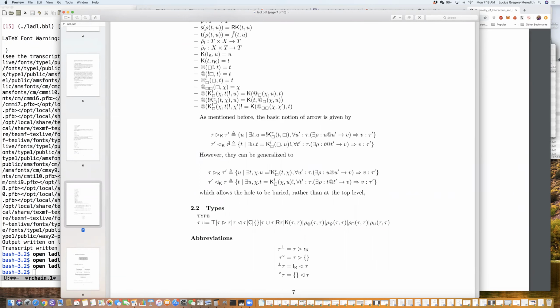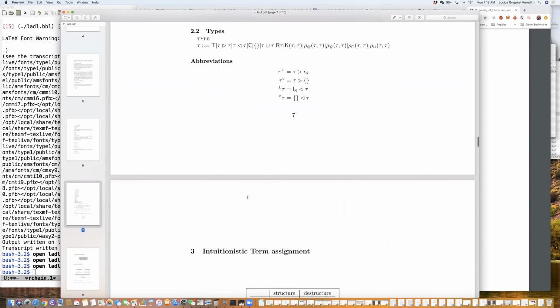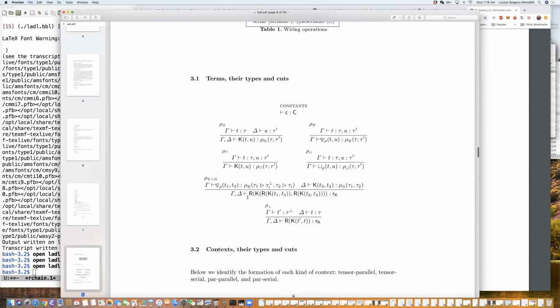That's the rely guarantee interpretation. And now what we can see here when we look at the type system is that you can form an inductive proof with respect to how arrows are constructed. There are only two kinds of arrows, right? There's atomic arrows, in which case we're done, or there's composite arrows.